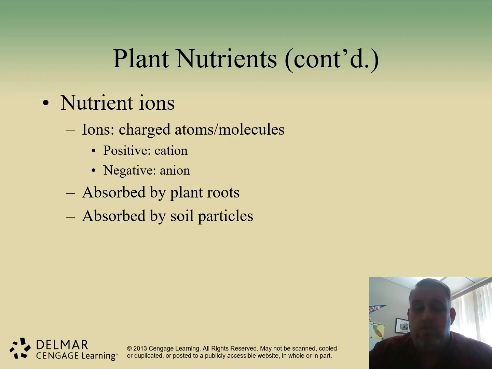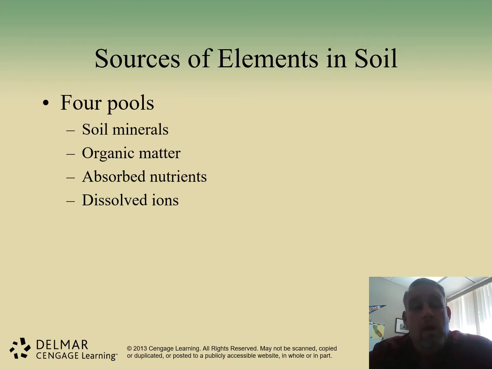And we will shortly be talking about the cation exchange capacity of a soil. So basically, there are four pools of elements within the soil where they can be found. So you have your soil minerals, you have your organic matter, you have absorbed nutrients, and you have dissolved ions. These are the four main areas that can harbor these elements within the soil.